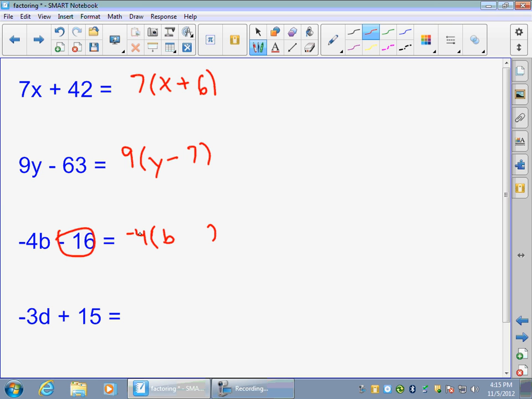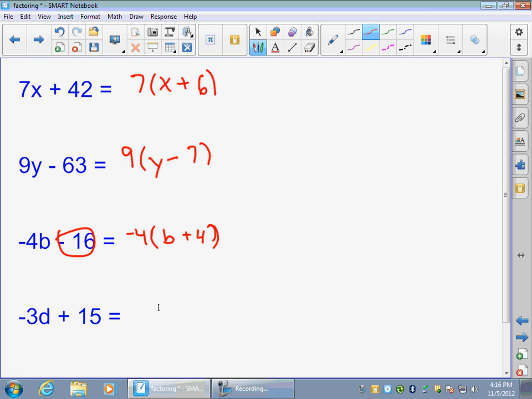So negative 4 times what will give me a negative 16? If I remember my multiplication and division rules, a negative times a positive will give me a negative. So this will have to be a plus 4 in here, so that this would wind up being a minus 16. Okay, so you have to be really careful with those signs.